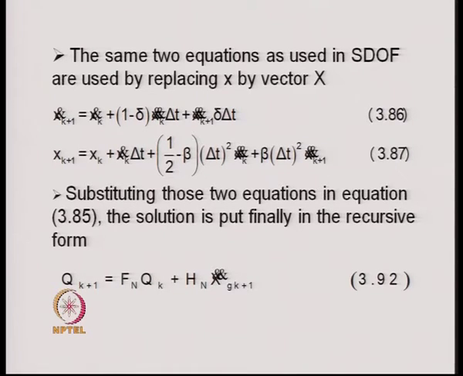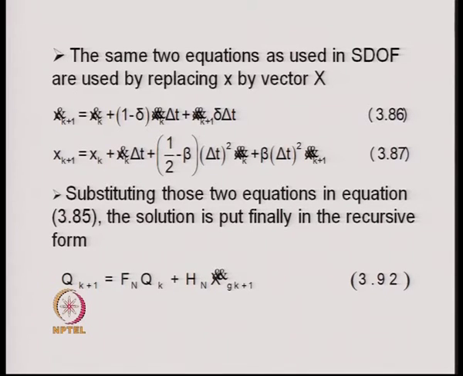Using these two equations, the Newmark beta method can be finally cast into the recursive form of equation 3.92, as we had done for the case of single degree of freedom system.